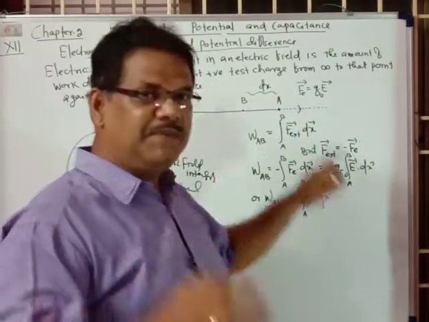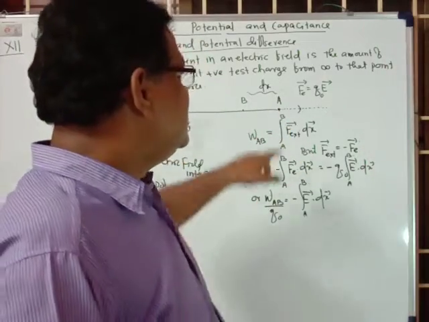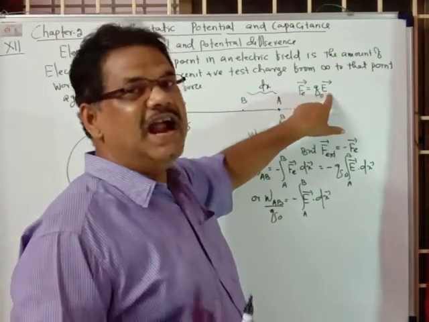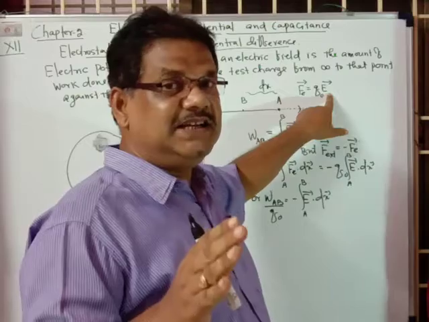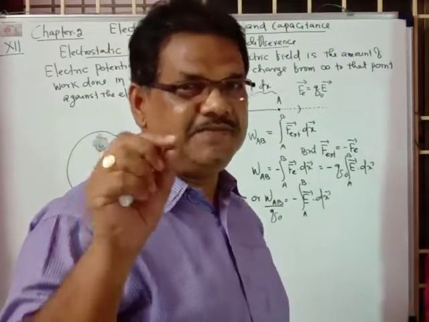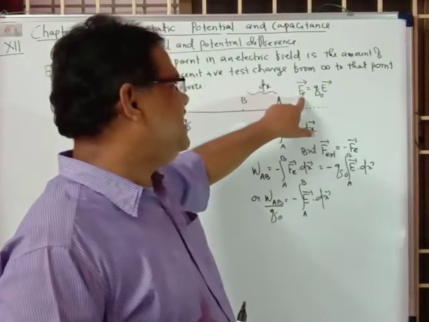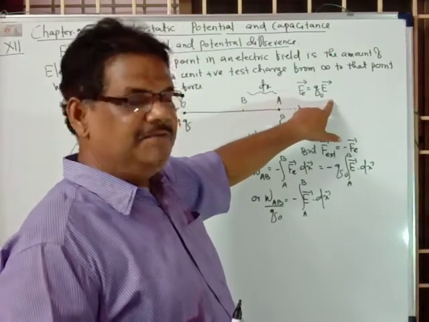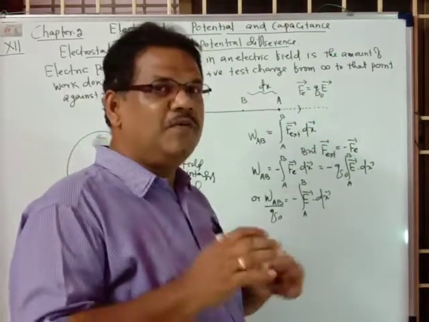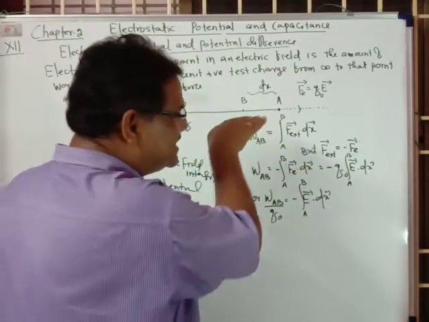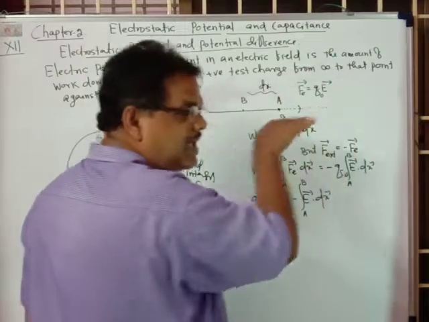You know from the previous chapter that the electric force F equals Q naught into E, where E is the electric field intensity, and the magnitude of E equals the electric force upon Q naught. So the electric force acting on the test charge is directed outward.